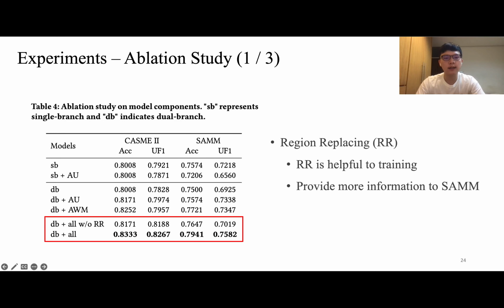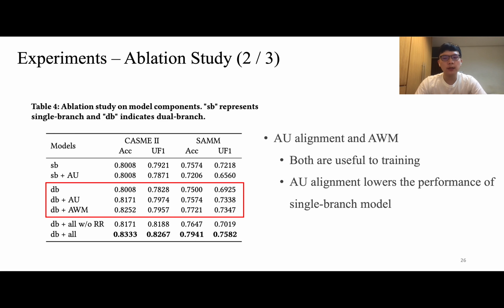So here's our findings. In terms of region replacing, it is helpful to training, and it provides more information to SAM, and we will explain this phenomenon later. Next, AU alignment and AWM both are useful to training. However, using AU alignment can lower the performance of single branch model.